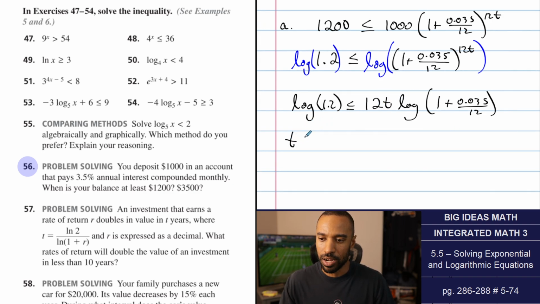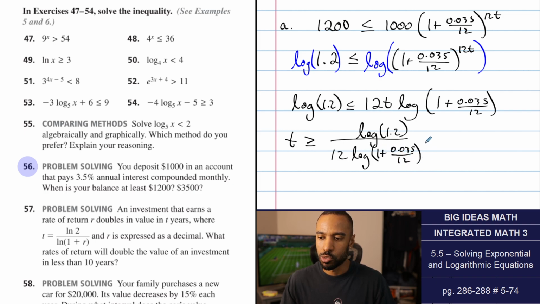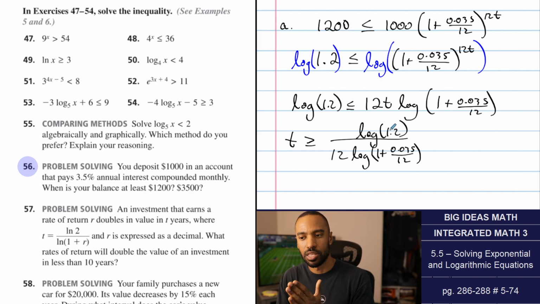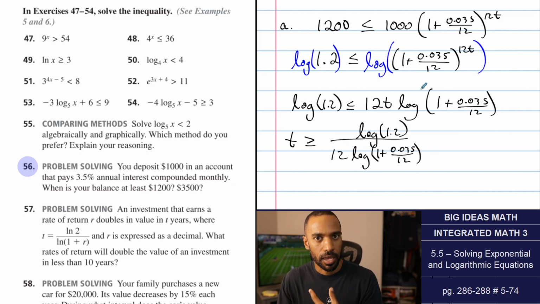So t must be greater than or equal to log of 1.2 divided by 12 times the log of 1 plus 0.035 over 12. The difference between part A and part B is this will say 3.5 instead of 1.2. So I'm going to go pretty quick on the second one.